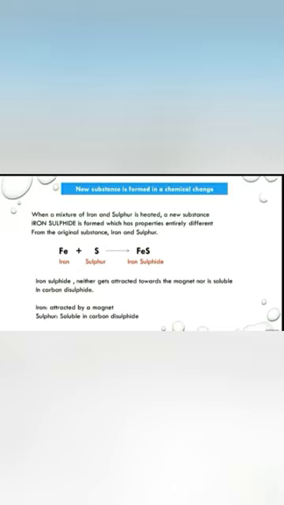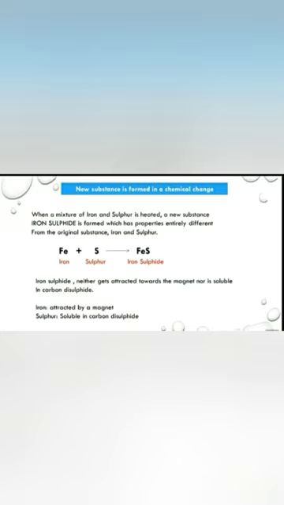New substance is formed in a chemical change. When iron and sulfur are heated, a new substance is formed, that is iron sulfide. Iron and sulfur are the reactants, whereas iron sulfide is the product.